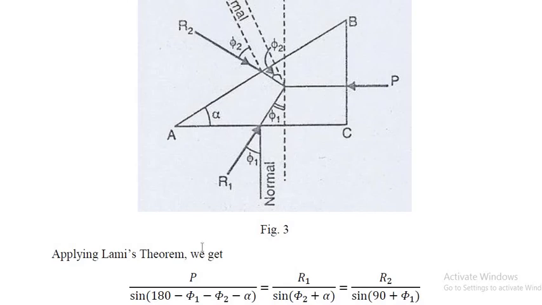Then applying Lami's theorem, we will get P divided by sine of 180 minus phi 1 minus phi 2 minus alpha. So this angle is phi 1, and the total angle will be phi 2 plus alpha.